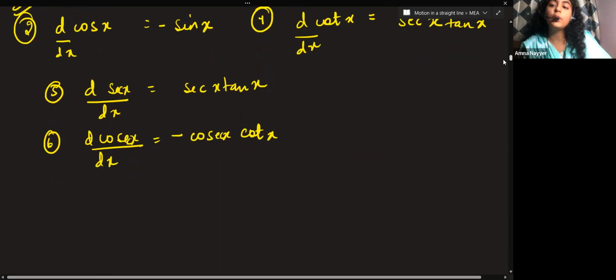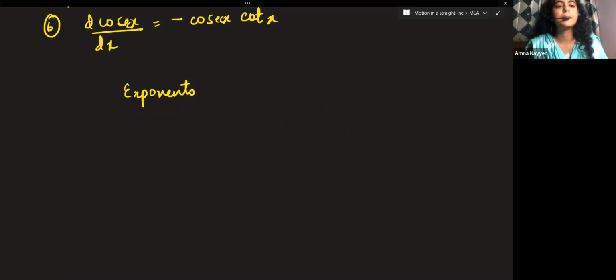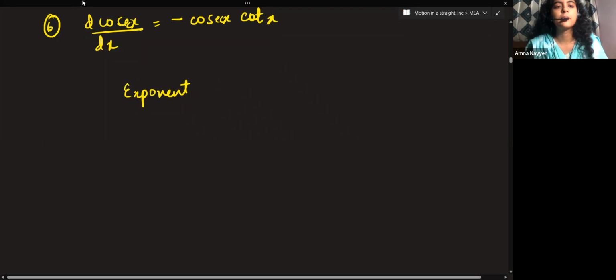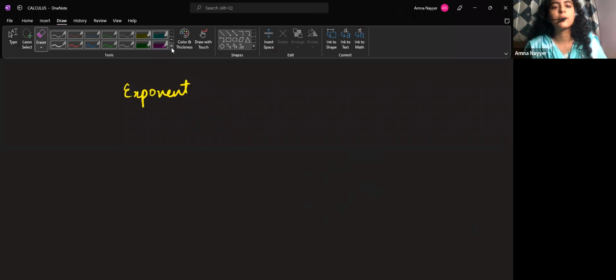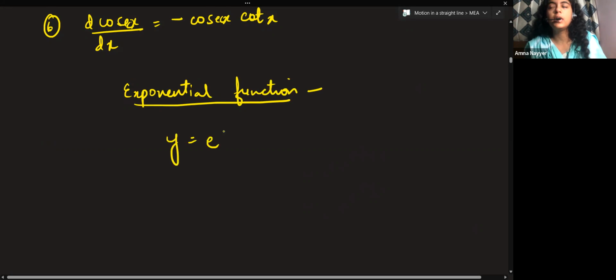Apart from this, if you get exponential functions, exponents we have already done in error analysis as well. So if you get an exponential function like y is equal to e to the power x.